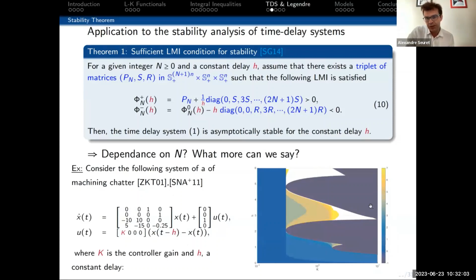Stability regions are the areas that are not in gray in this plot. And in color, you can see here the regions Hn that have been computed. This is H0, the region where you have a solution to the LMIs at order 0, then at order 1, 2, and up to 7 here.